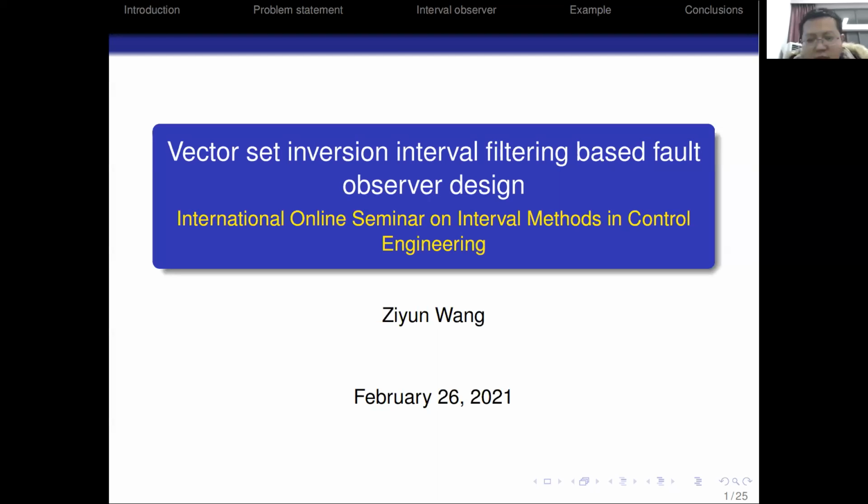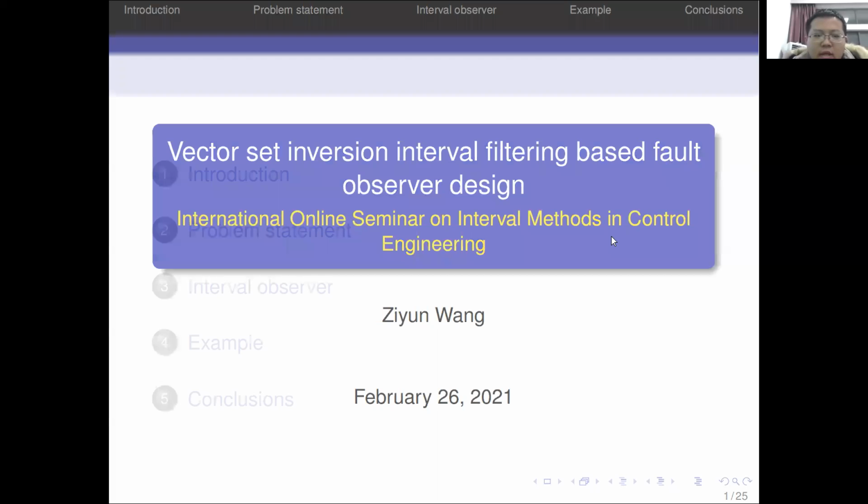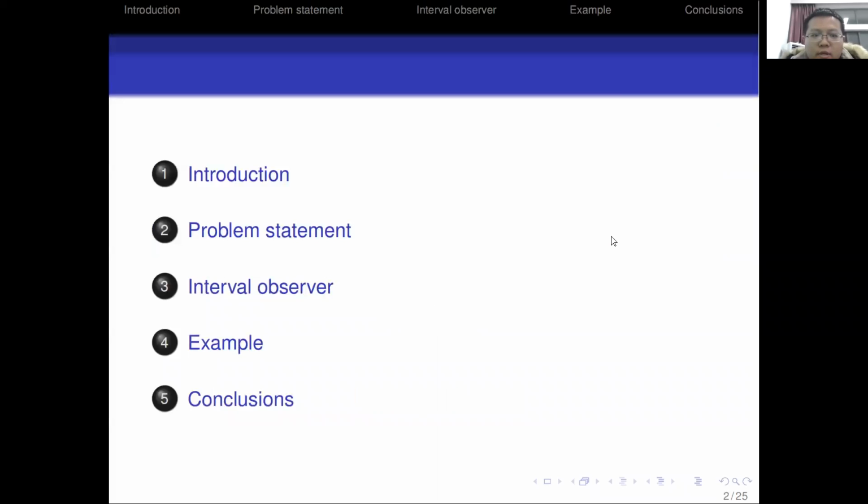This talk has 5 parts. First, I will give some introduction, and then we talk about one linear system and its transformation. Then we design an interval observer and give a simulation example. The last is the conclusion of this talk.